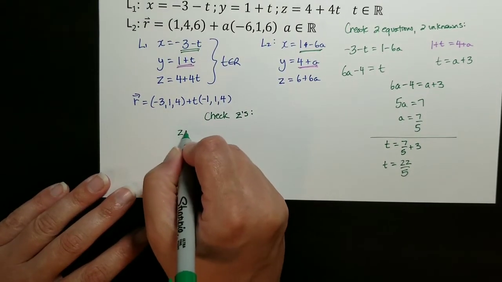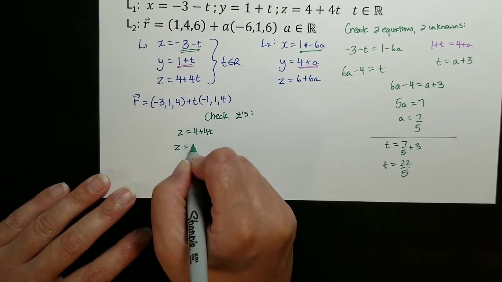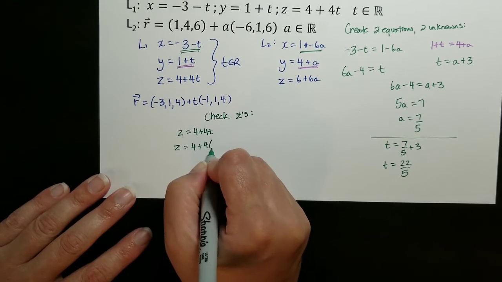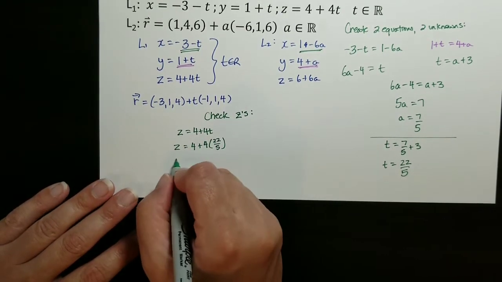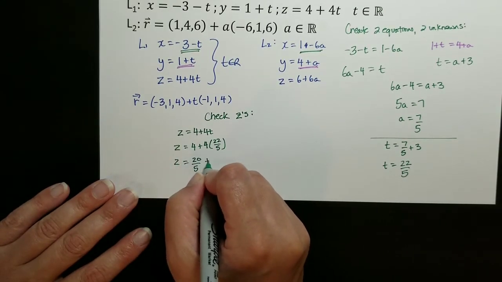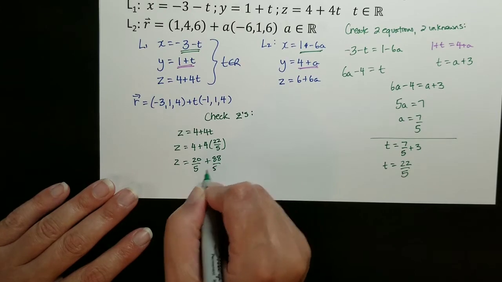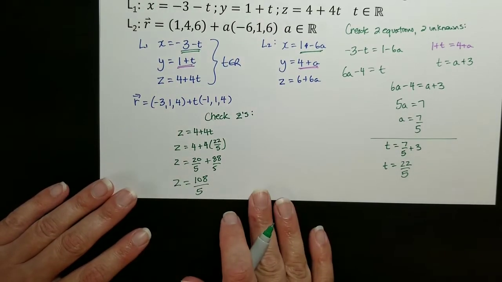So we know that z equals 4 plus 4t. So 4 plus 4 times 22 over 5. So that would be 20 over 5 plus 88 over 5. So z is 108 over 5.